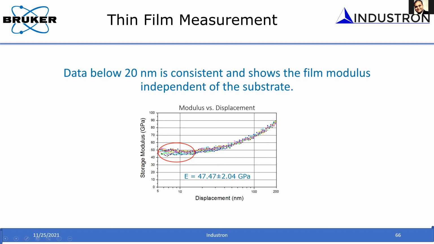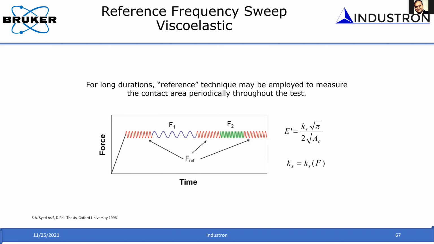Okay, so I'm now going to talk about the viscoelastic response of the material. This particular technique, which is called the reference frequency technique, was developed by me many years ago as part of my DPhil thesis. We can measure the property of the material as a function of frequency, but we do it over a period of time, and that gives another complication of thermal drift. So it is very difficult to track the size of the contact.